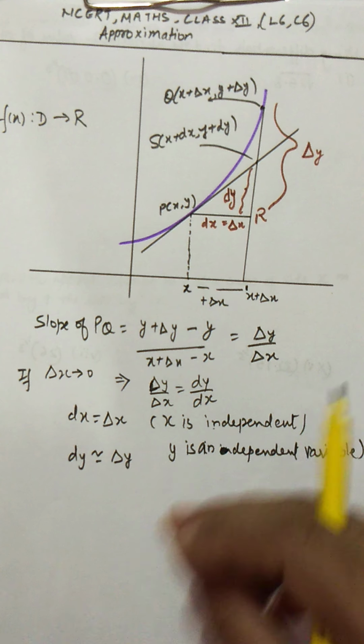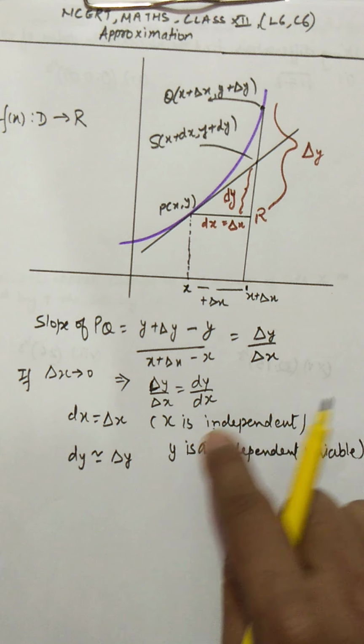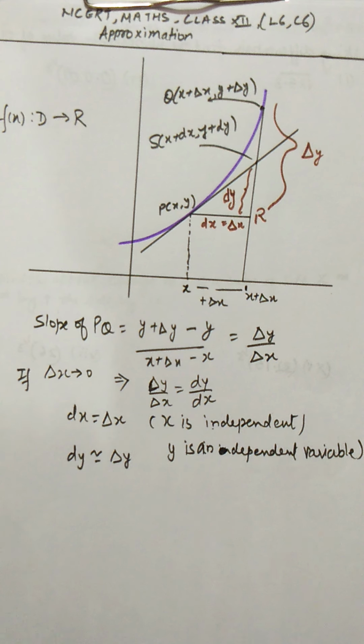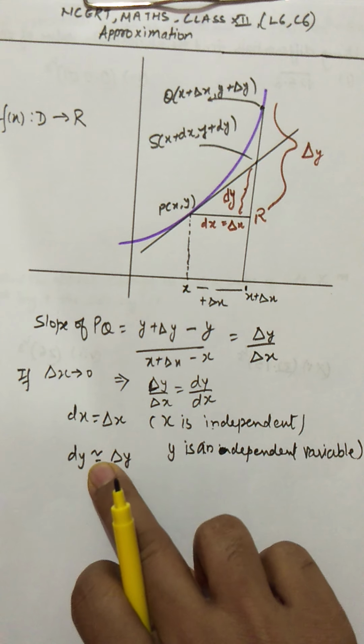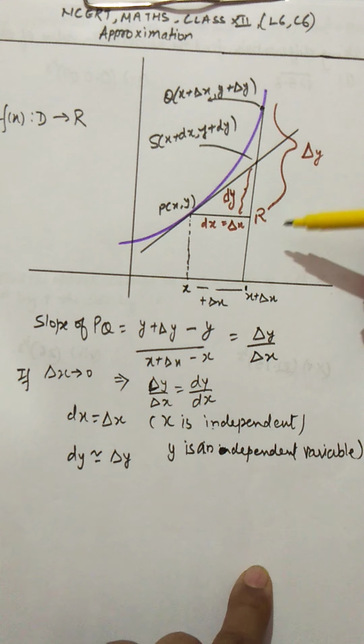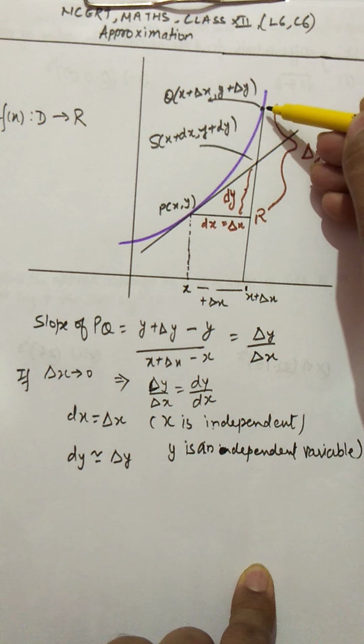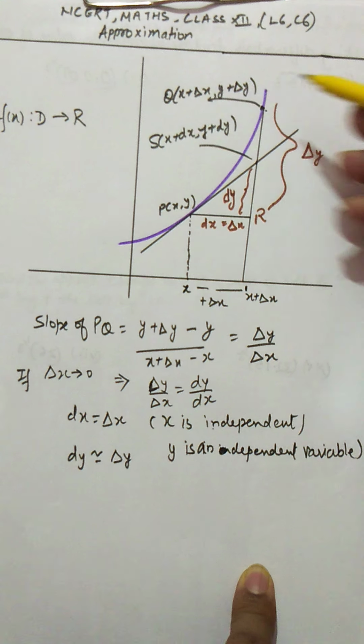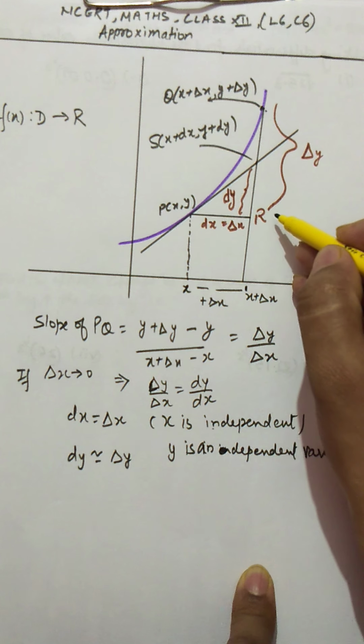So this is important to understand. If you are having a change in x, you say it as dx, or you say it as delta x. But here dy, you can see from this graph, this Q is (x plus delta x, y plus delta y), and this point is your x.